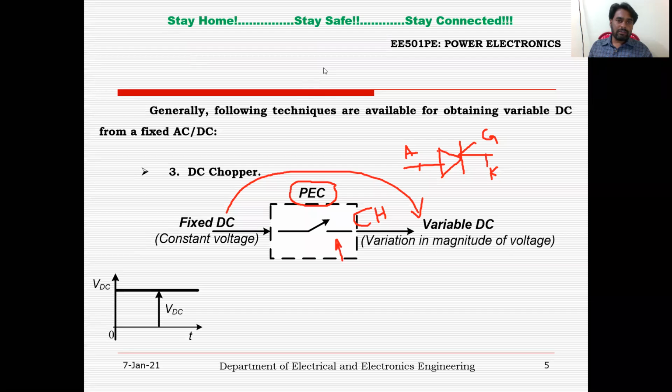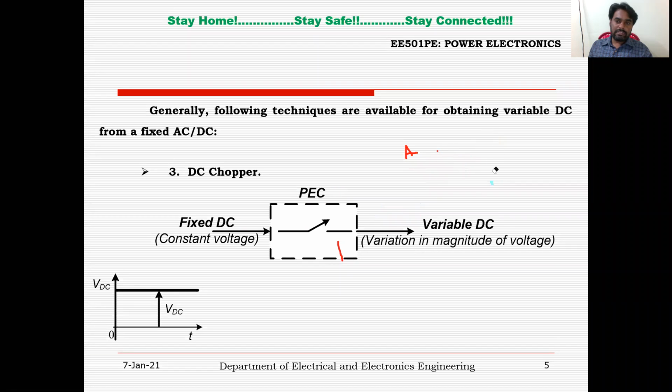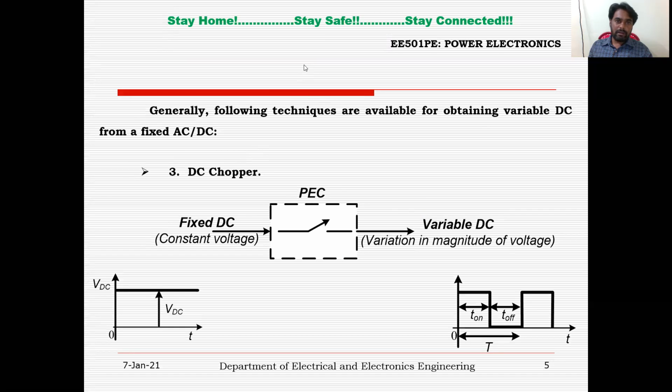For this converter, we apply a constant DC, and this constant DC is converted into variable DC at the load side. Now you can see the output voltage, which is a chopped kind of voltage. Sometimes we get voltage across the load, sometimes we get zero voltage across the load, and the average output voltage will be somewhere here.